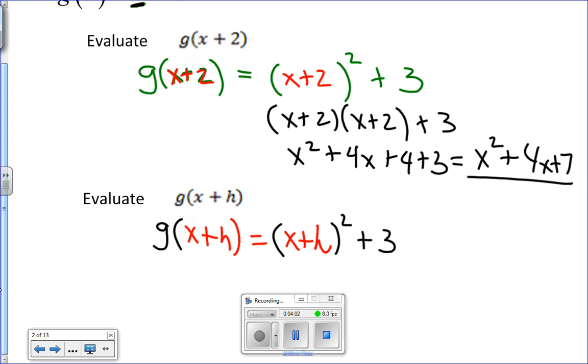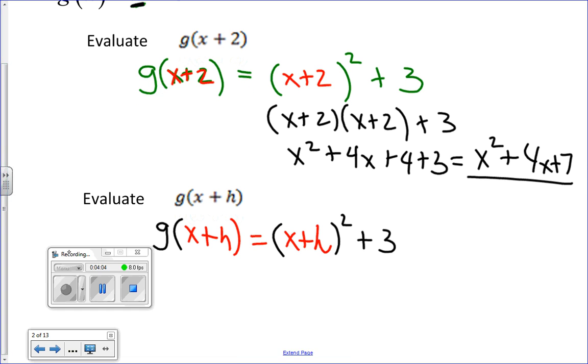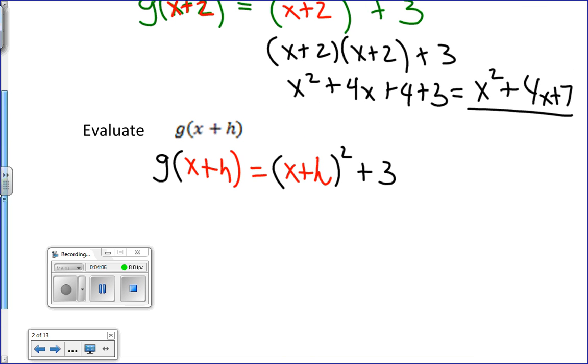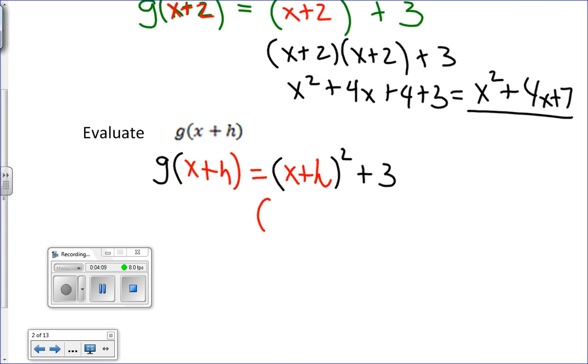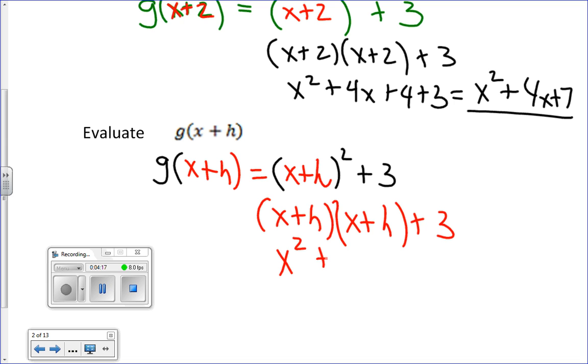Let's do a little bit of arithmetic here. Once again, we have to square a binomial, so that means we'll take it times itself. That results in x squared plus 2xh plus h squared plus the 3. There are no like terms, and so let's finish with that line.